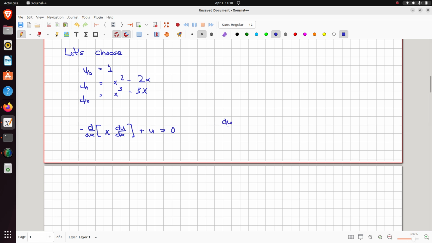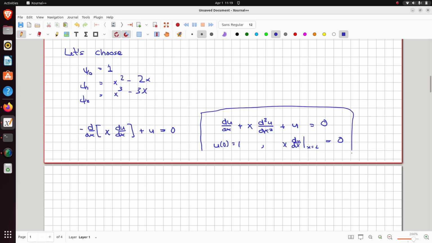So we have du dx plus x d squared u dx squared plus u equal to 0. u of 0 is equal to 1. x du dx evaluated at x equal to L is equal to 0. All right, so this is our equation we're solving now.